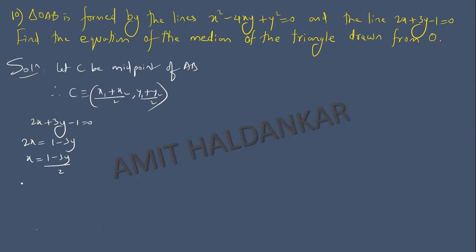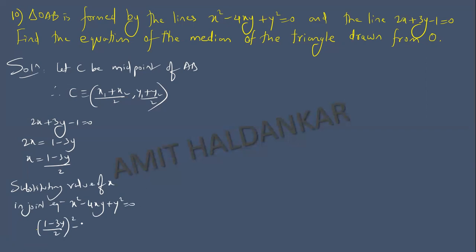I'll substitute this value of x in the joint equation. The joint equation is x square minus 4xy plus y square equal to 0. So what is x? 1 minus 3y upon 2 the whole square, minus 4 into 1 minus 3y upon 2 into y, plus y square is equal to 0.